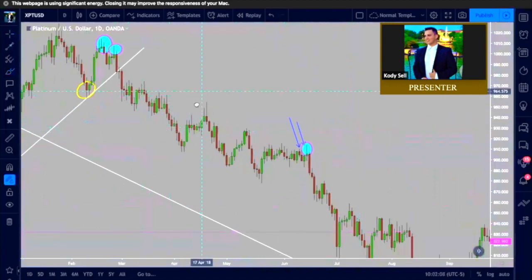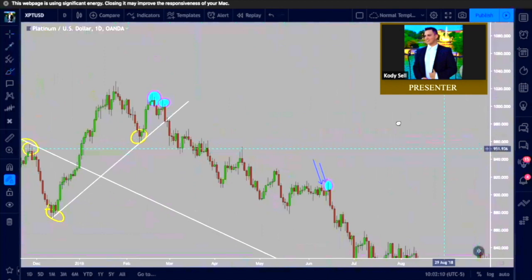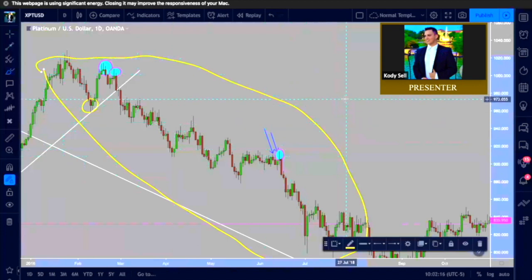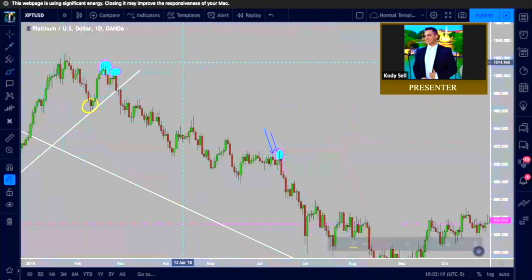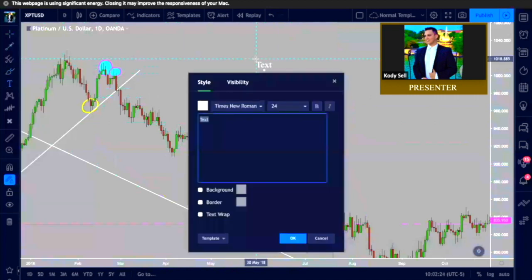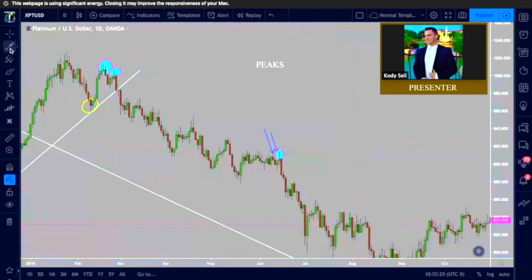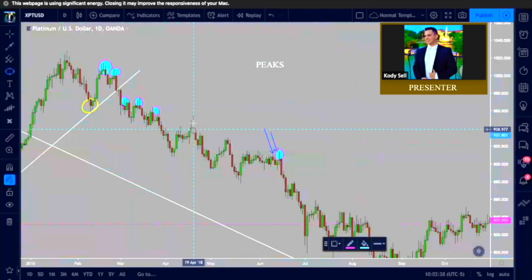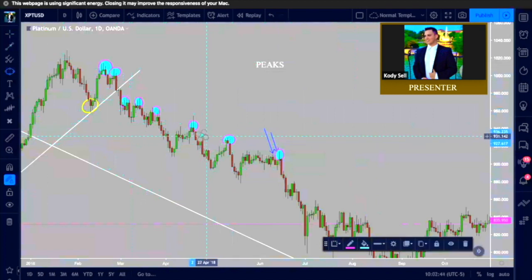Again, it really doesn't matter. The only thing that matters, it's important to note, is that in this entire area, we're in a downtrend, the market's falling. So we're really only interested in our peaks. All right. So we're looking to connect peaks. So it looks like we've got this one, this one, this one, this one.